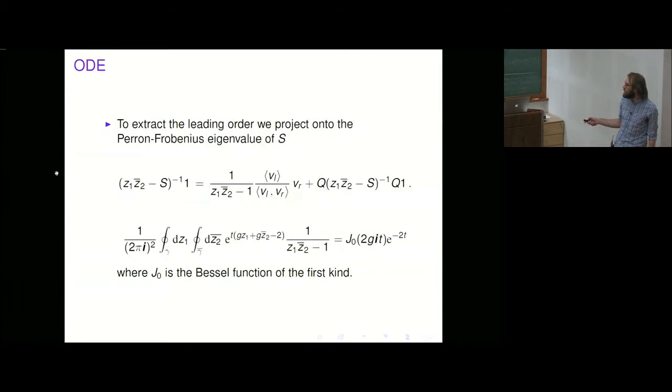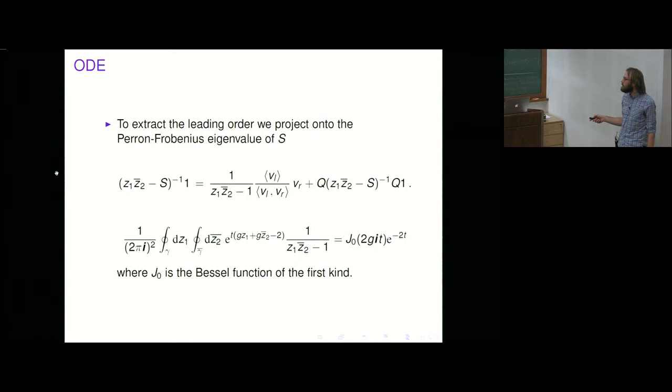So now if I apply this to my kernel, the leading order term will be given by this expression, and this integral you can actually compute exactly, and you get just exactly a Bessel function times an exponential. And this term, because of our assumptions on S, has a spectral gap, and all the eigenvalues of S are going to be bounded away from 1. So when I do this projection and integrate it against this term, this will be exponentially small compared to this term.